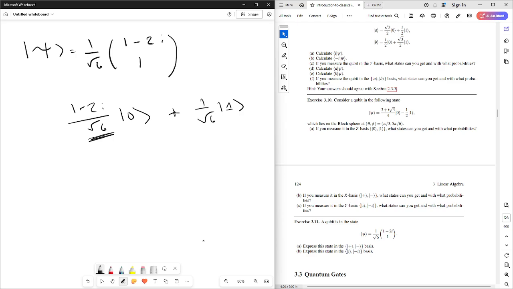I'm not going to worry about it. So we've got these two states. We know that if we measure in the basis states plus minus, so plus is 1 over square root of 2, and we'll just bring it in like they were doing in the previous example.